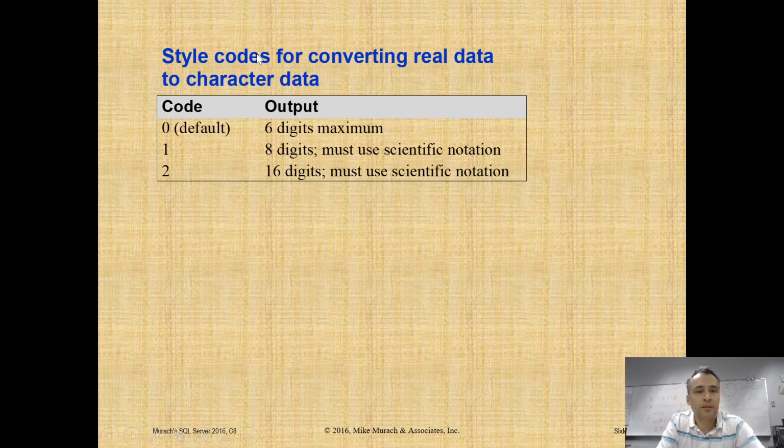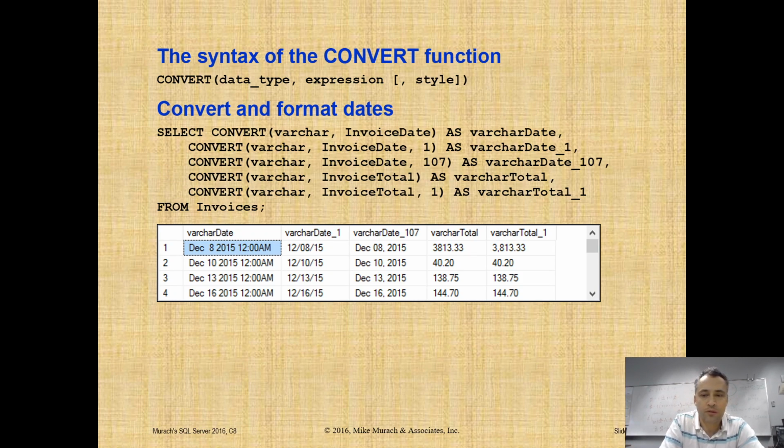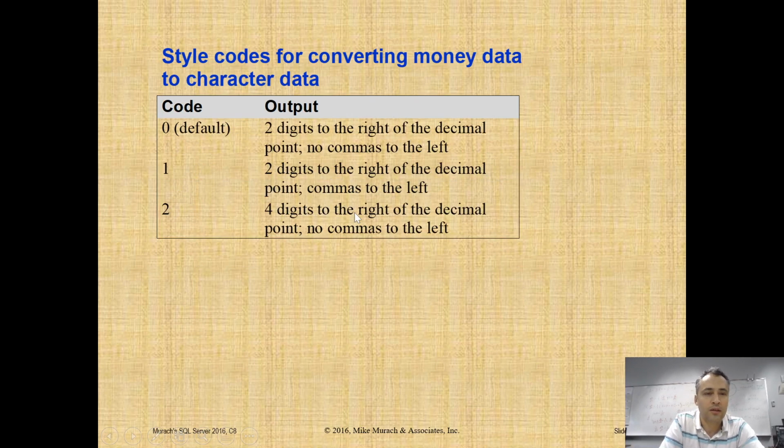All right, style codes for converting real data to character data. So 0 was the default, 6 digits maximum. 1 is what we have seen in the previous example, 8 digits. Oh no, that last one was converting from money. That's why there were commas. So we did not make it to the last example.